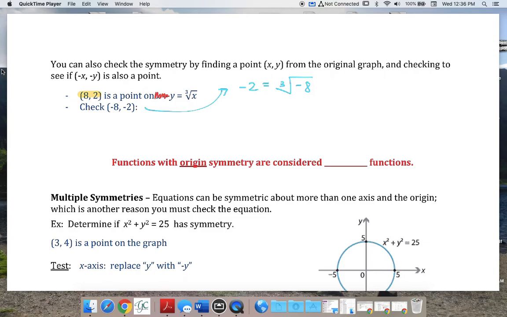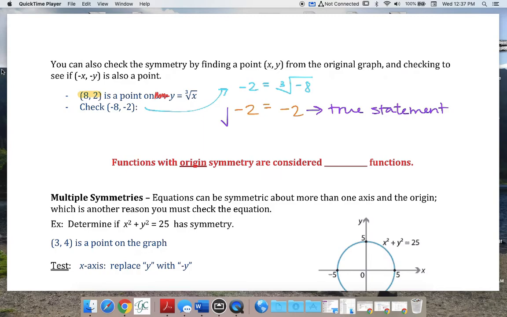So the cube root of -8 is just -2. So we're left with the statement -2 is equal to -2, which is a true statement. So because we were checking for origin symmetry and we were left with a true statement, that means this equation is symmetric about the origin.